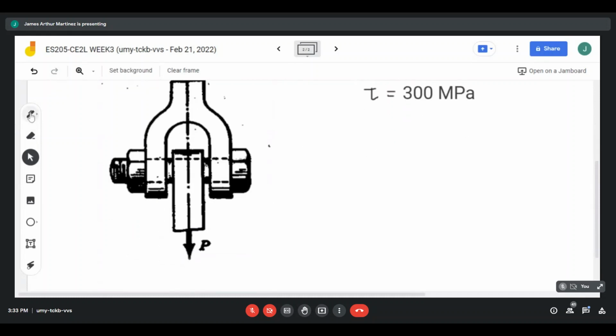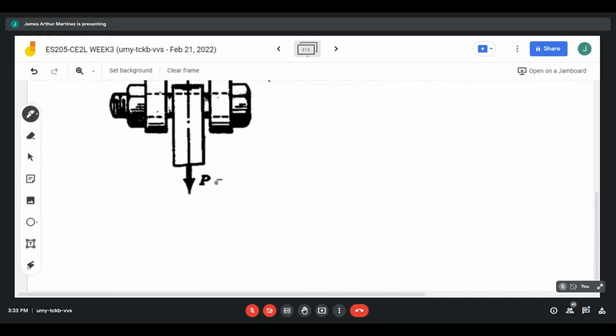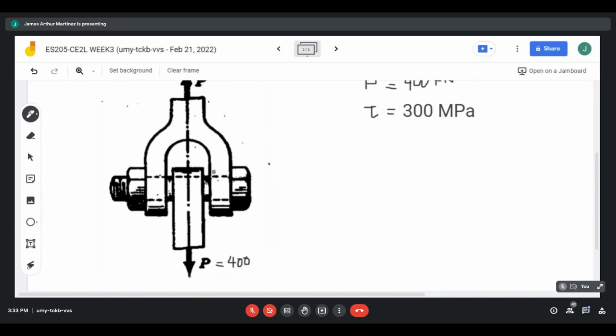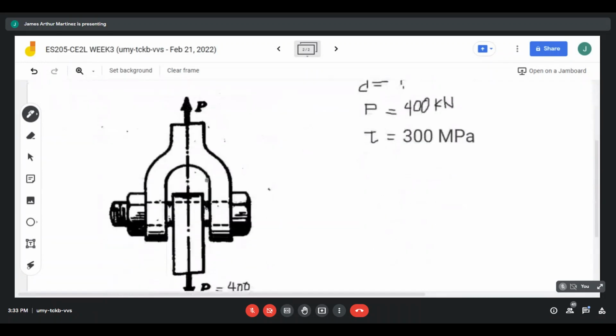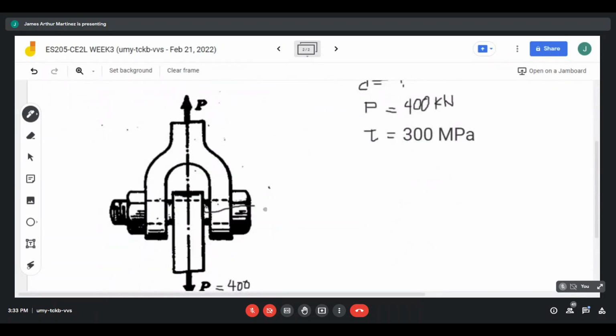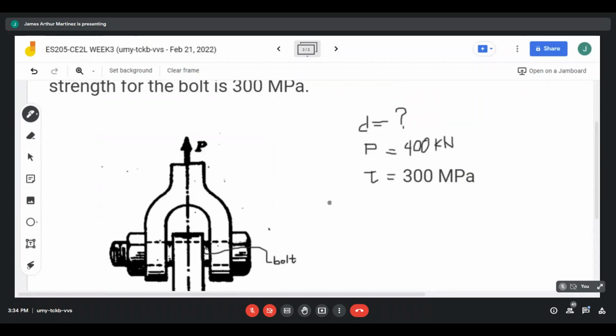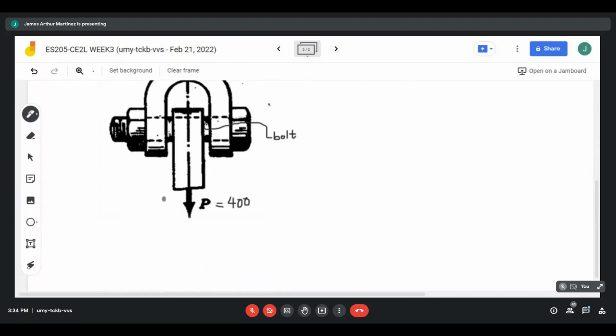So again, if P is equal to 400 kilonewton, so let's try to determine pila ang smallest diameter aning bolt nga pwede nato gamiton para dili siya mag-occur ang iyahang shearing stress, or iyahang di siya maabot sa iyahang limit nga shear strength.